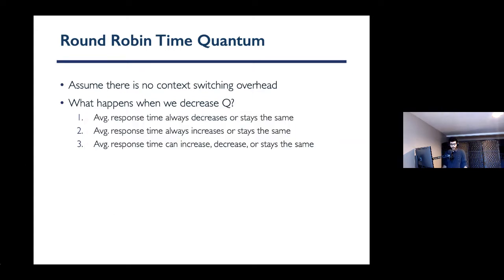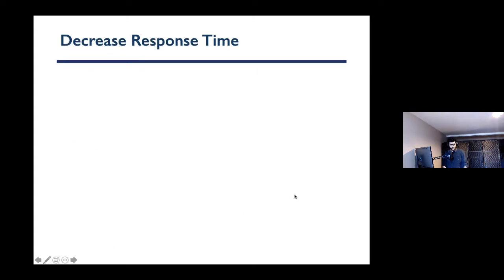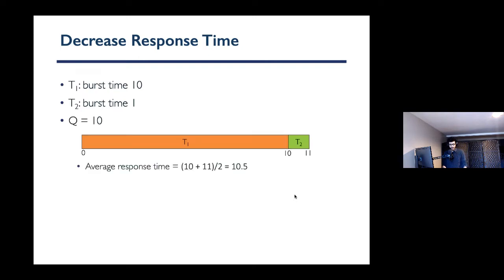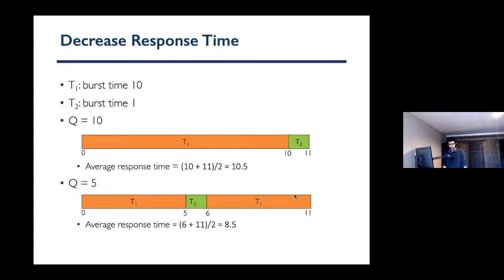Now, to answer that question, let's look at some examples. So let's say we have 2 tasks. This is our workload, T1 and T2. And then let's say that time quantum is 10. What you can see is the schedule that would happen, and the average response time would be 10.5. Now, if I decrease the time quantum to 5, then this is going to be the schedule.